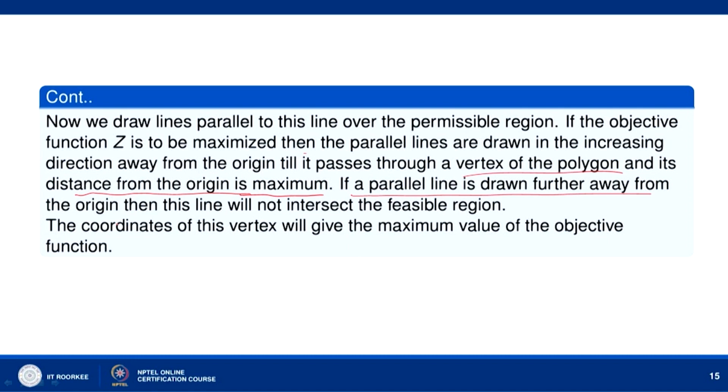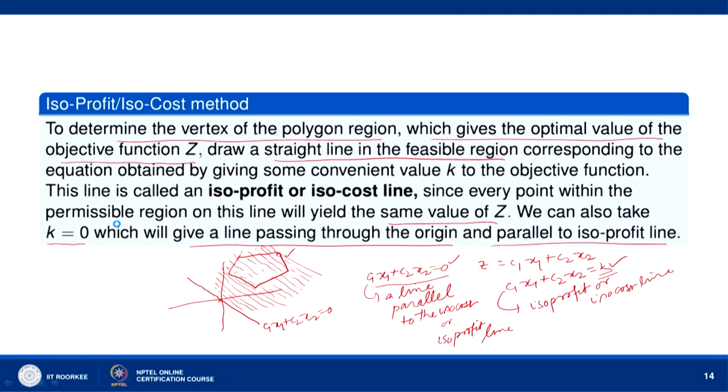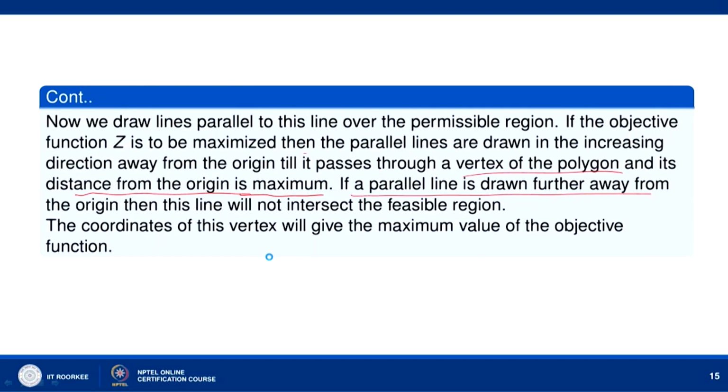If the parallel line is drawn further away from the origin, then this line will not intersect the feasible region. So, if you draw a line further away from the origin like this, it will not intersect the feasible region. Now the coordinates of this vertex will give the maximum value of the objective function.